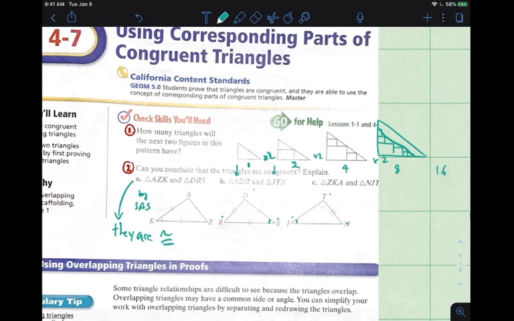Alright, we have a right angle. We have this side and this side, which look good so far. However, right now we only have three pieces. There's no, oh wait, we do have 3 pieces. Angle, angle, side, by AAS, they are congruent. That is one of our choices here.